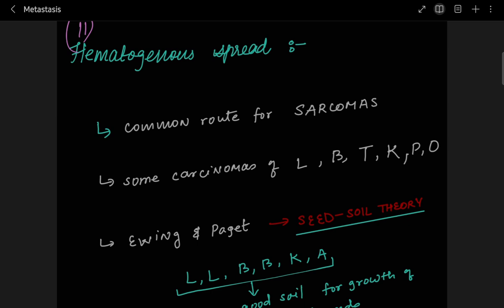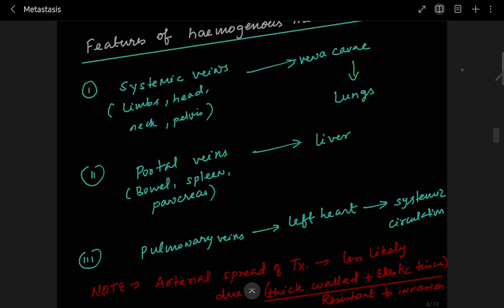Then we saw the portal veins draining to the liver, with a chance of secondary tumor growth in the liver. Third, we saw the pulmonary veins draining to the left heart, and how systemic seeding can happen to other parts of the body.